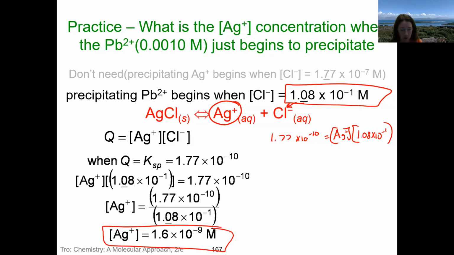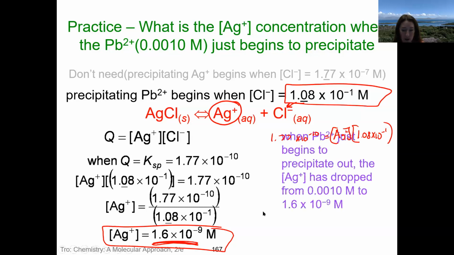So what does this mean? When Pb2+ begins to precipitate out as lead 2 chloride, the silver ion concentration is now 1.6 times 10 to the negative 9th, right?